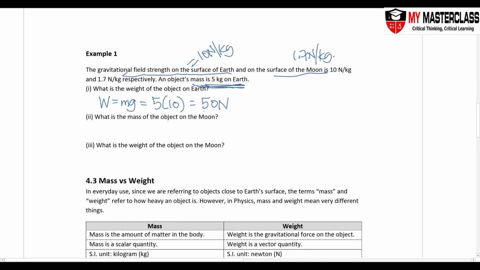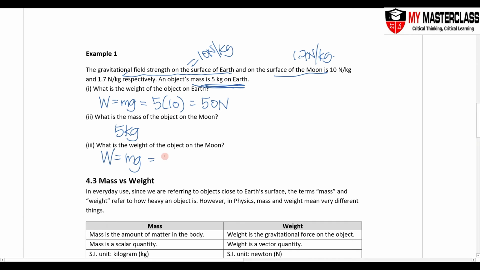Part 2. They ask for the mass of the object on the moon. Recall that the mass always remains constant. So this one, no calculations required. Straight away, just write down 5 kg. Mass remains constant. Now the weight on the moon, same thing. The weight on the moon is the mass times the gravitational field strength.